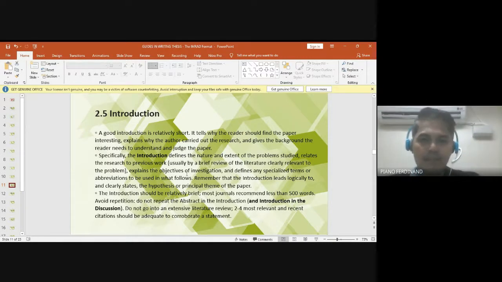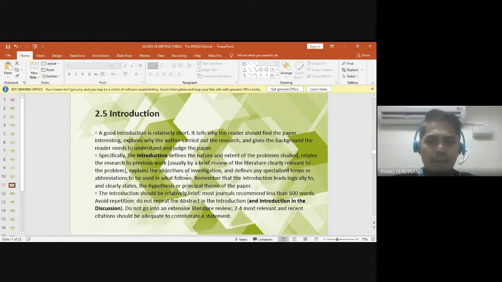Specifically, the introduction defines the nature and extent of the problems studied, relates the research to previous work, usually by a brief review of literature clearly relevant to the problem, explains the objectives of the investigation, and defines any specialized terms or abbreviations to be used in what follows.